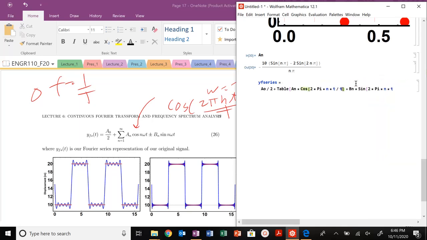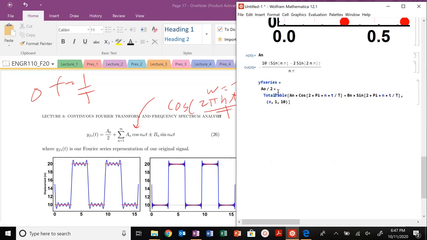Got to divide that by your period T. Divided by T. And here we go. So we're going to add that and that. And we want to iterate this from n goes from 1 to 10, first 10 harmonics, and we just need to make the total now.